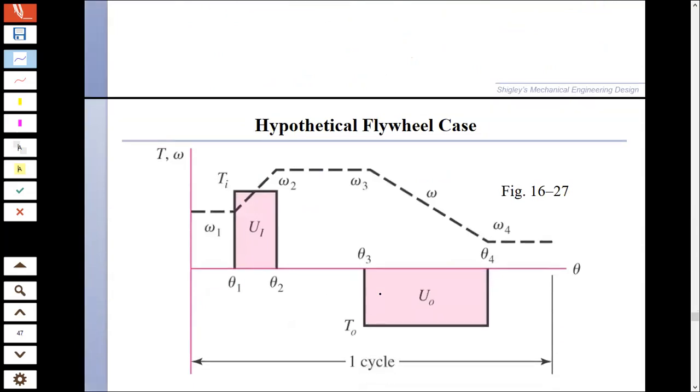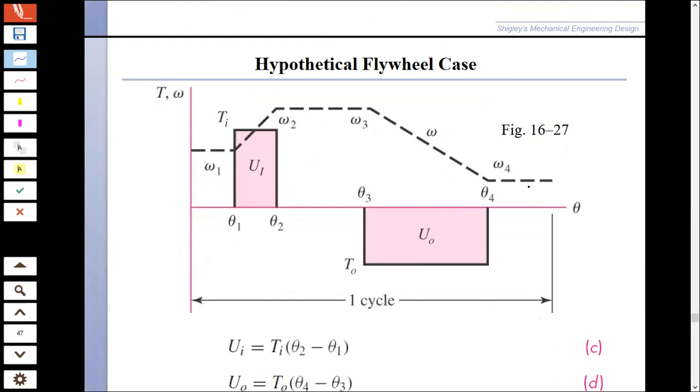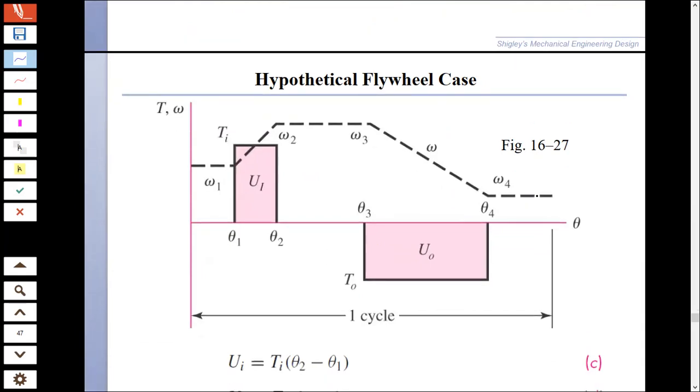So hypothetically, if we look at a flywheel, let's consider this figure that we have, the turning moment. Let's say that on this axis we have T and omega, and over here it is the angular displacement or the rotation of the crank, let's suppose that it is an engine.